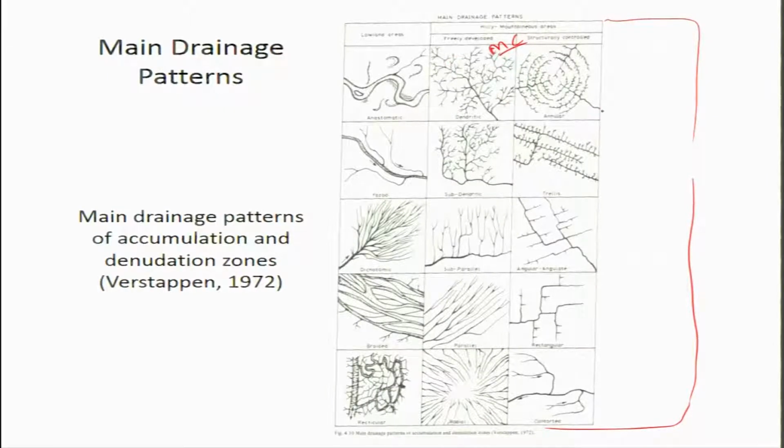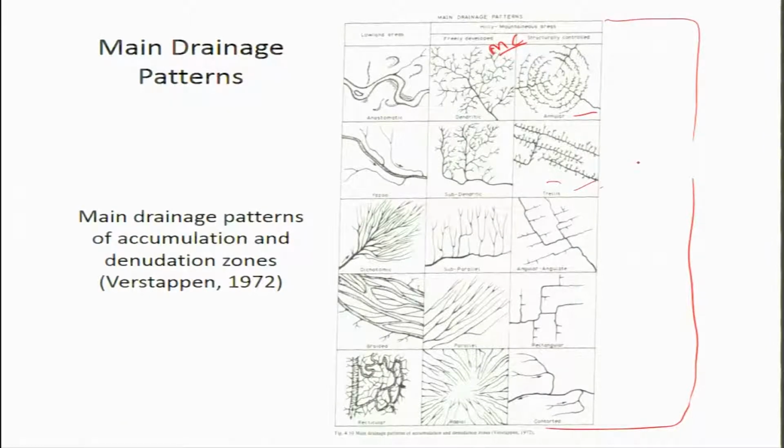Okay, this is annular, this is subdendritic, like when there are some joints or faulted terrain. So the dendritic pattern will follow, the main stream will follow the zone of the fault or the joint. So in that case you will find a dendritic pattern, but with some parallel streams.